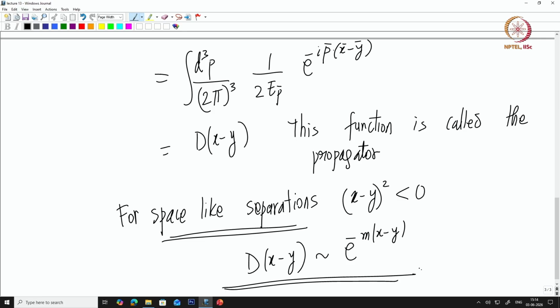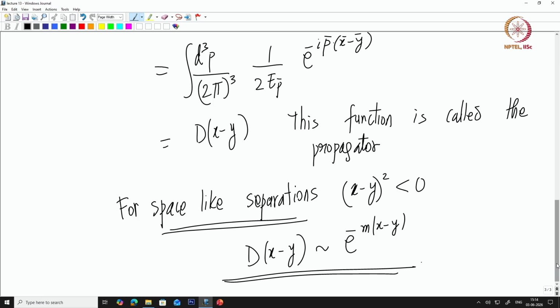It is exponentially suppressed essentially.